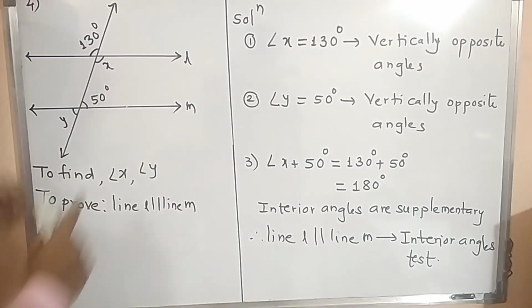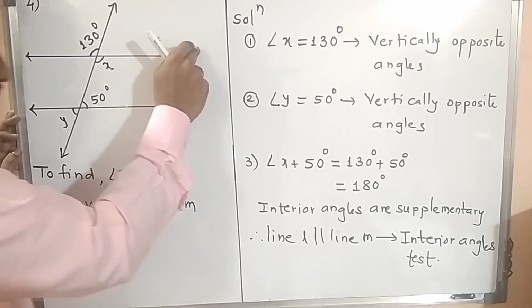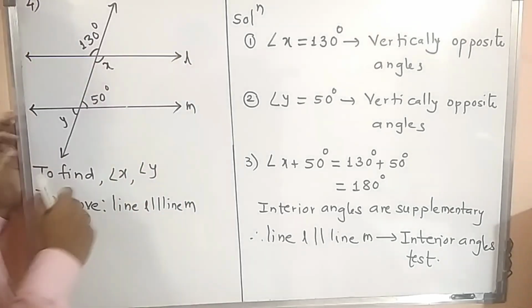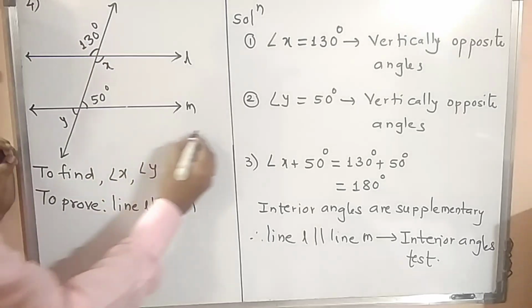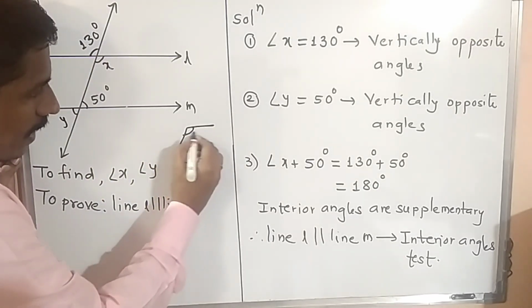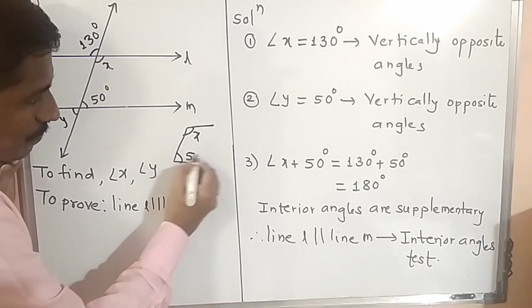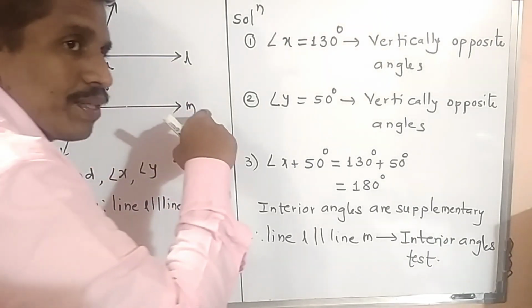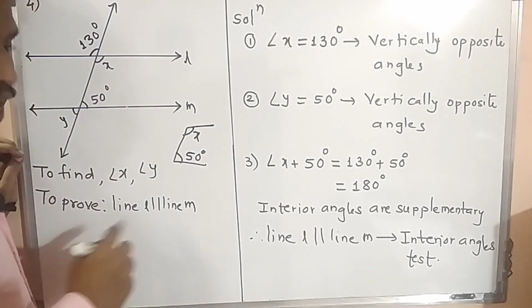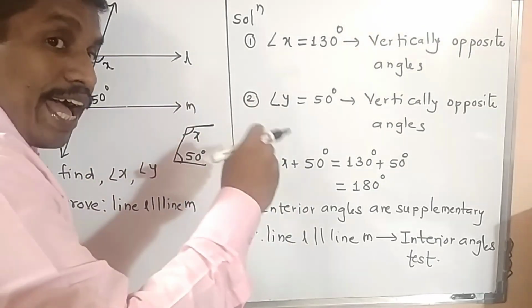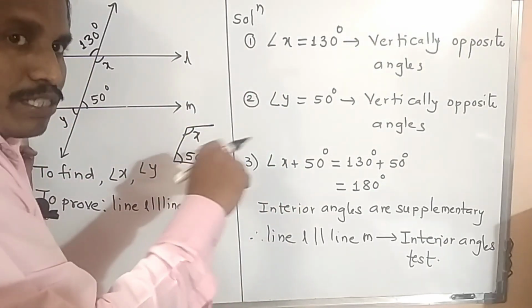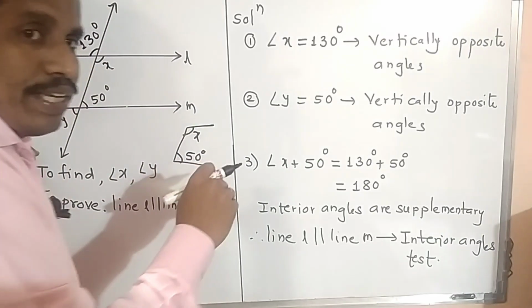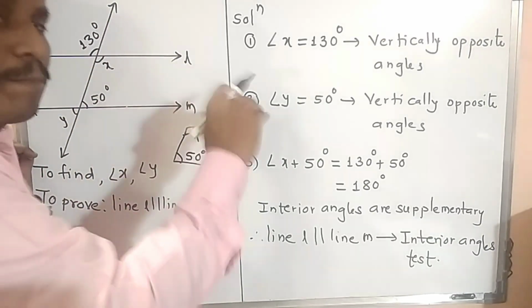Now how do I prove line L is parallel to line M? See X and 50. This is angle X. This one is 50. They form the shape C. It means they are interior angles. And I know that if interior angles are supplementary, meaning their sum is 180 degrees, then lines are parallel.